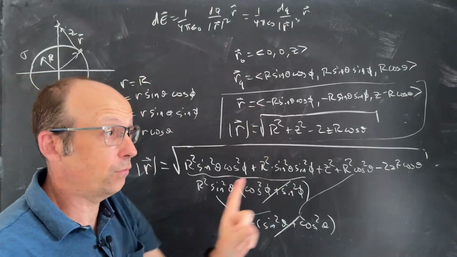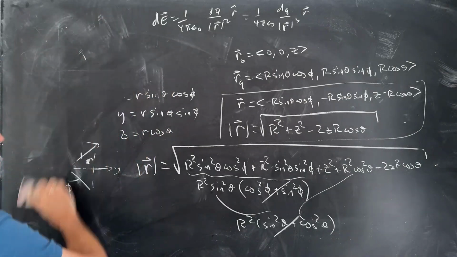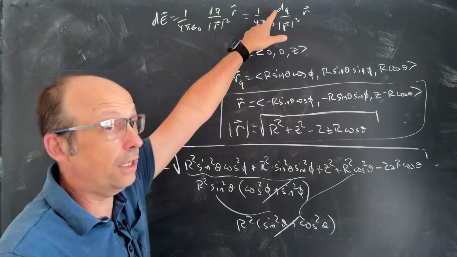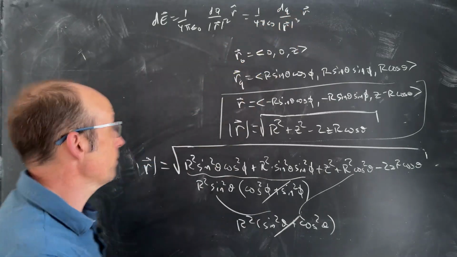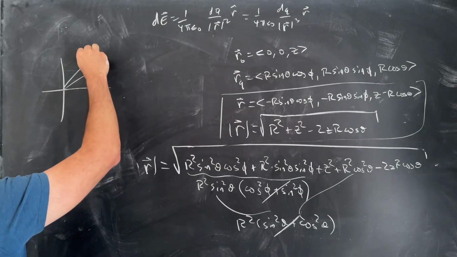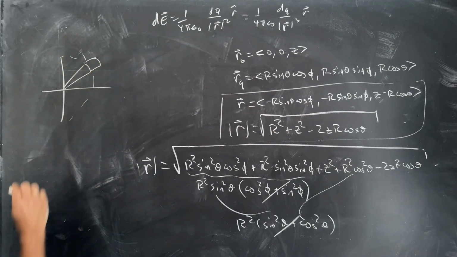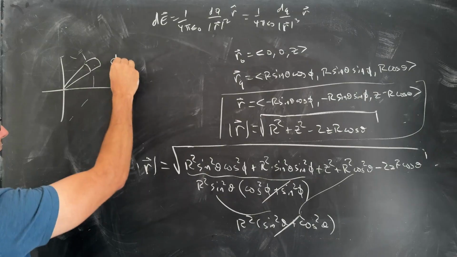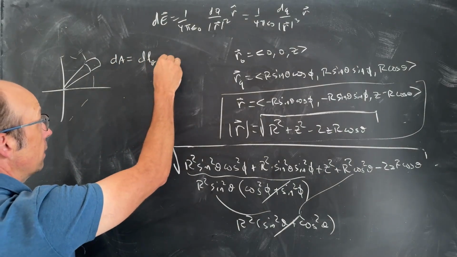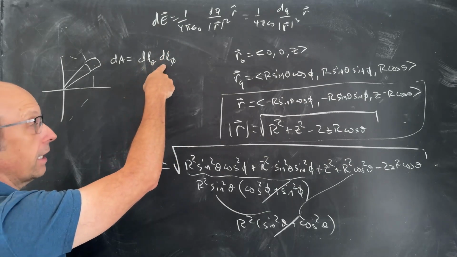Now I do have one more little job to do. I'm going to start erasing some stuff, just so I have that. I need dq, right? I need dq in terms of d theta and d phi. So if I have a surface, let's just draw it as a surface in a sphere of radius r, then what is dA? Well, I like to write dA as dl theta dl phi. That's the length in the theta direction, the length in the phi direction.